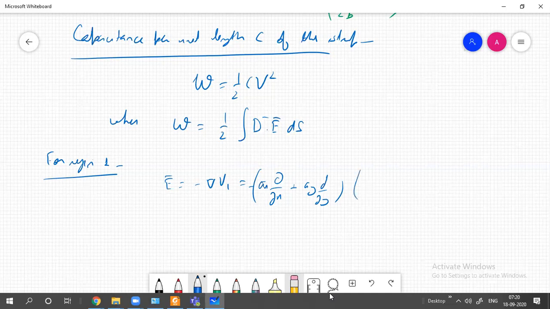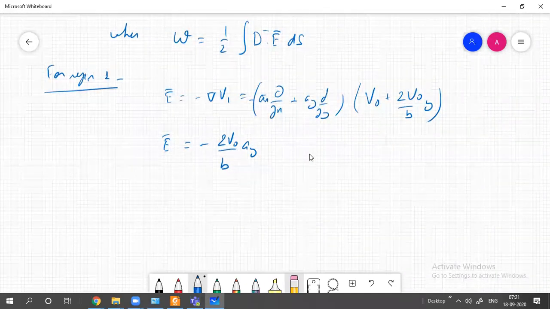V1 was V naught plus 2 V naught over b times y. If we sort all this out, we get V naught over b times Ay. This we did in the last class. So this is the electric field in region 1.